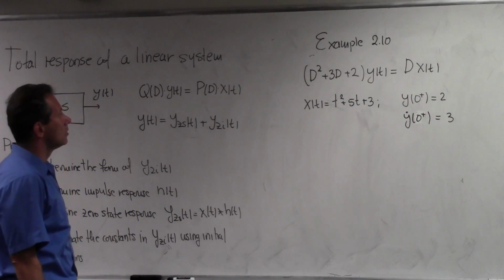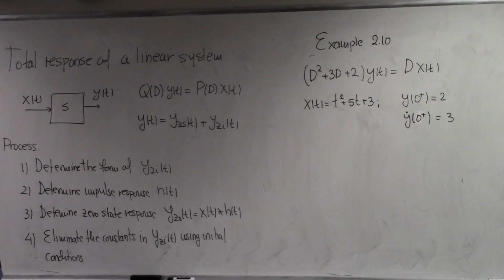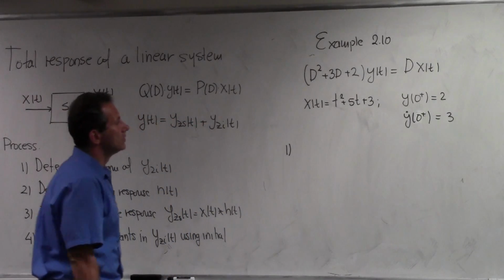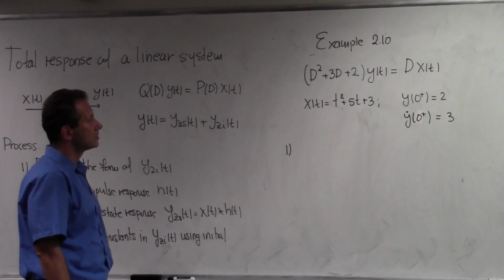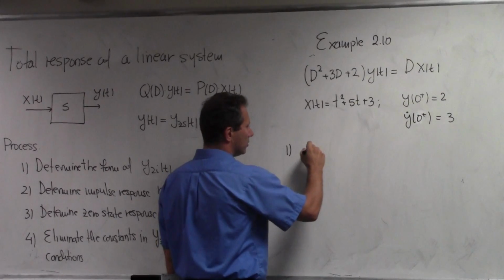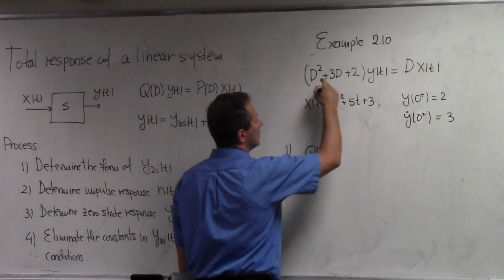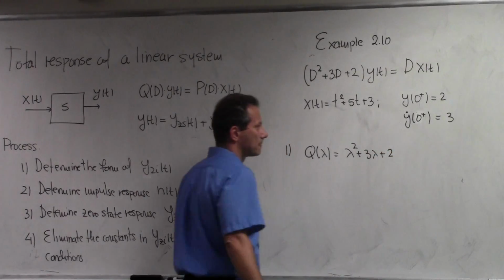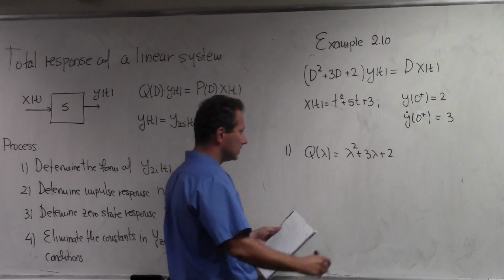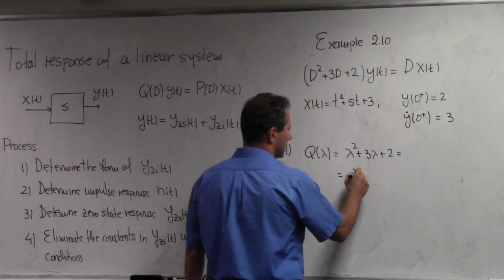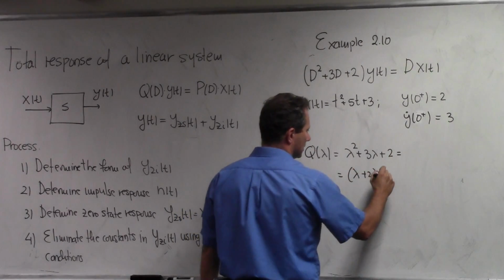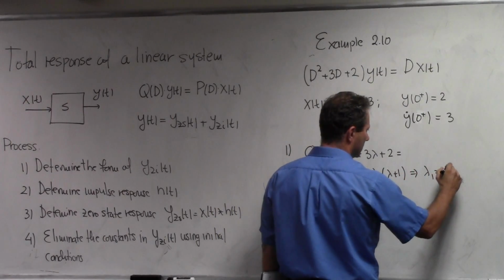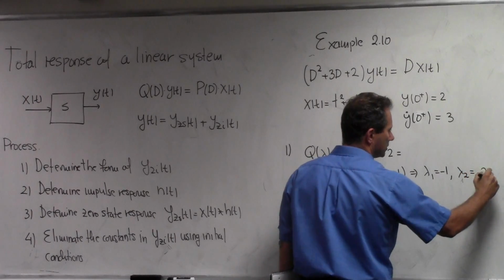Let's go through these 4 steps and see how we get the result. In the first step, we solve for the form of the zero input response. To do that, we form our characteristic polynomial, q of lambda, which becomes lambda squared plus 3 lambda plus 2. It factorizes easily as (lambda plus 2) times (lambda plus 1). So lambda 1 is equal to minus 1, and lambda 2 is equal to minus 2.